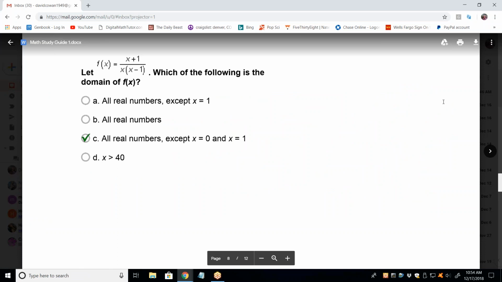All right, domain. Domain basically means all of the values that the x variable can take on. Okay? So how do you figure out domain?